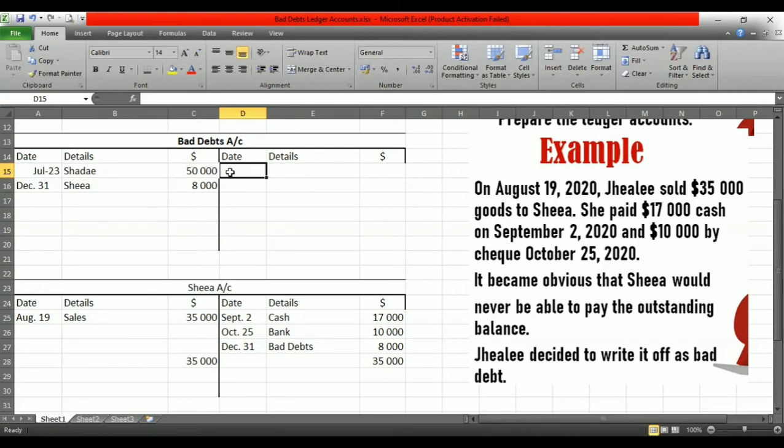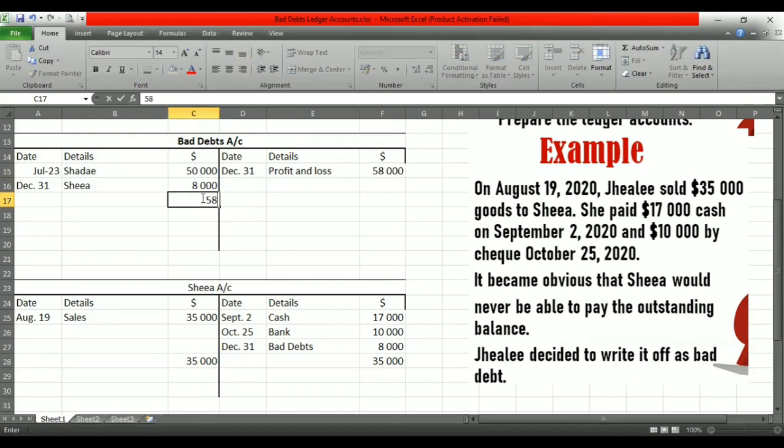In that case, our bad debt account would be credited because we're sending out the difference, the balance that is in the account to our profit and loss account. So therefore, it's December 31st. Our details would be profit and loss, and the value that is in the account, which is 58,000. So the 50,000 plus the 8,000 give us 58,000.